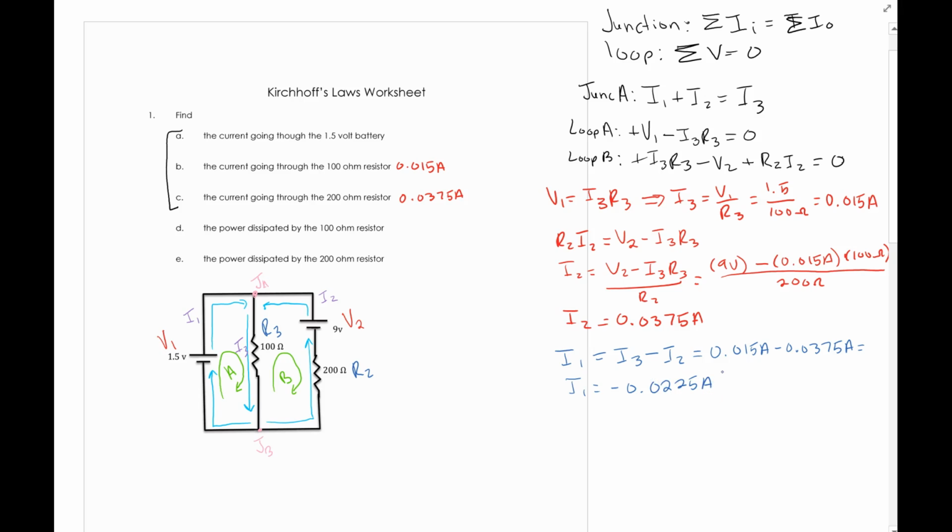Nothing's wrong here. That just means that we actually made an incorrect prediction. We assumed that our current would be moving from our positive all the way around into our negative. That's not actually true. What we actually end up seeing is that our current is moving in this direction here. That actually has a very specific reason. What's happening is that we are charging that smaller value battery. So we are using the 9-volt battery to charge the 1.5-volt battery.